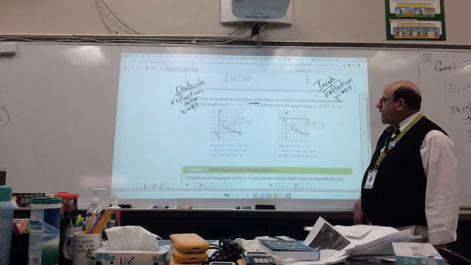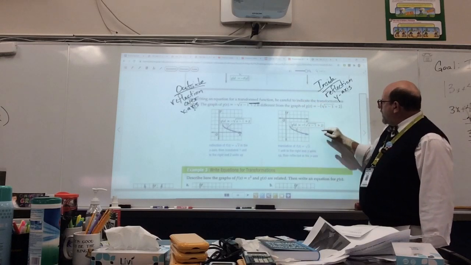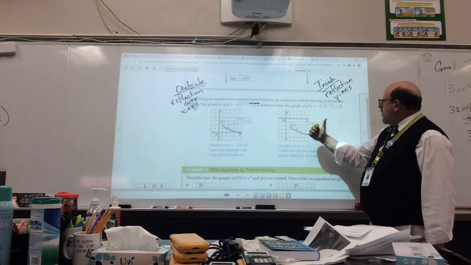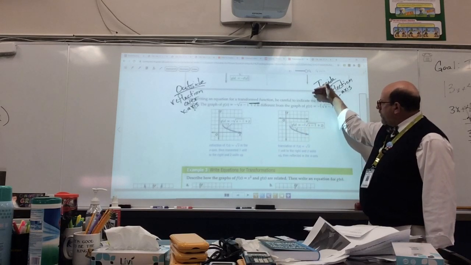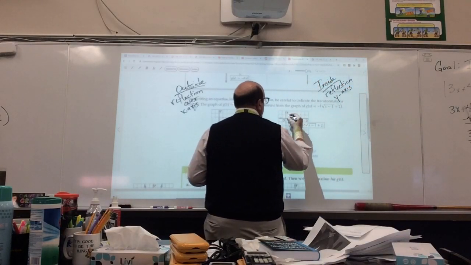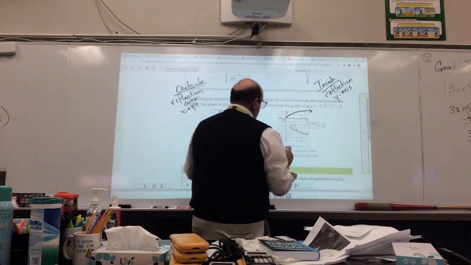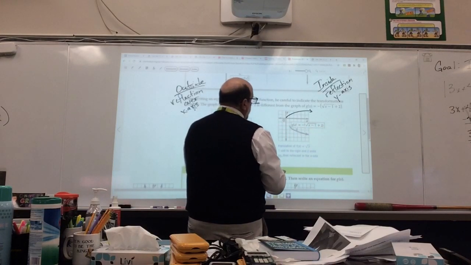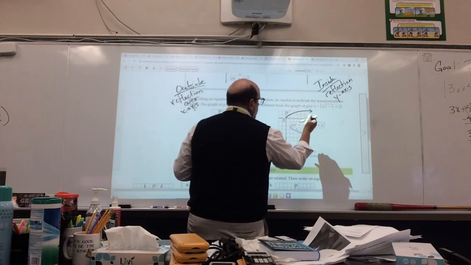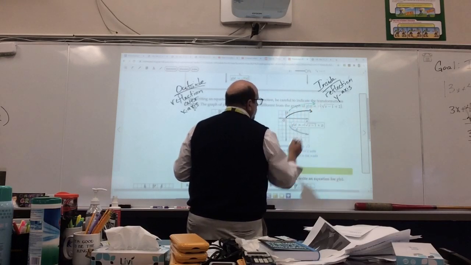So what'll happen is you'll take this, right? This whole thing needs to be shifted to the right 1 space and shifted up 2 spaces. So the parent function is this, right? And then when you do this math, you have a picture that starts here, up 2 spaces, right? And over to the right 1 space, so it goes here.